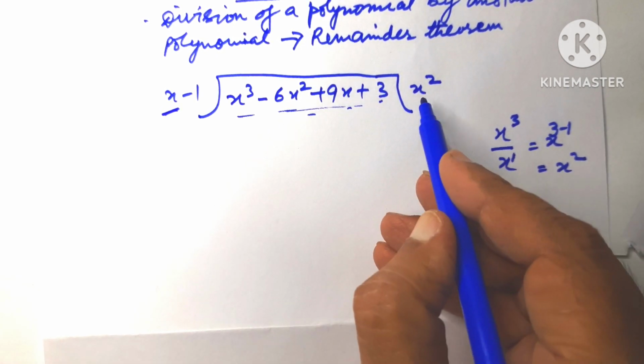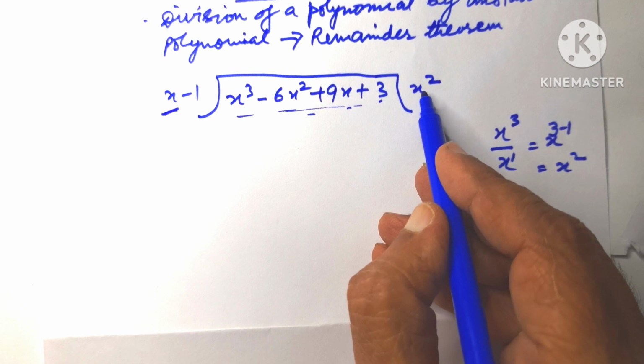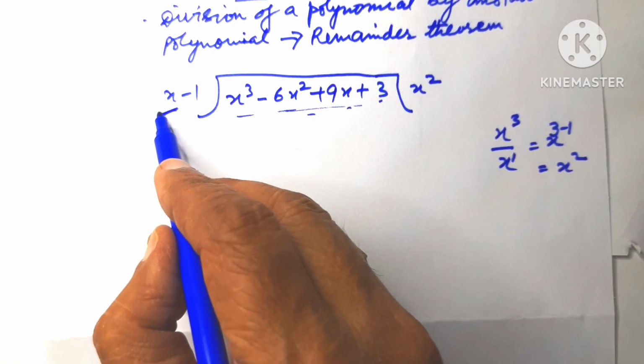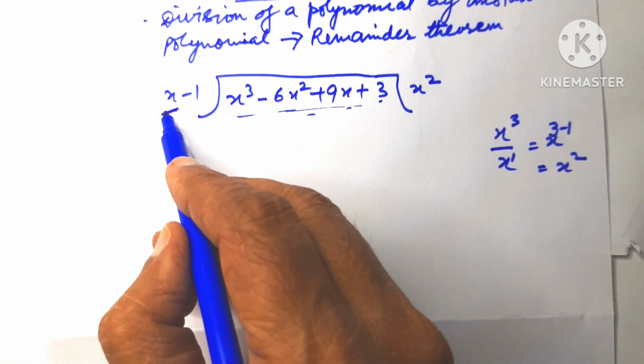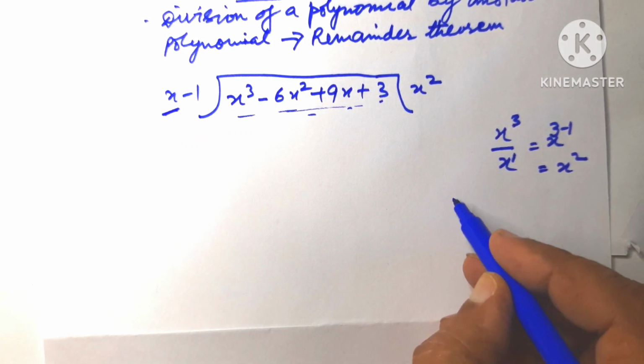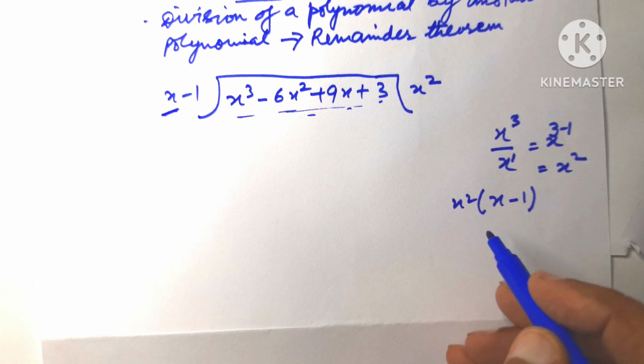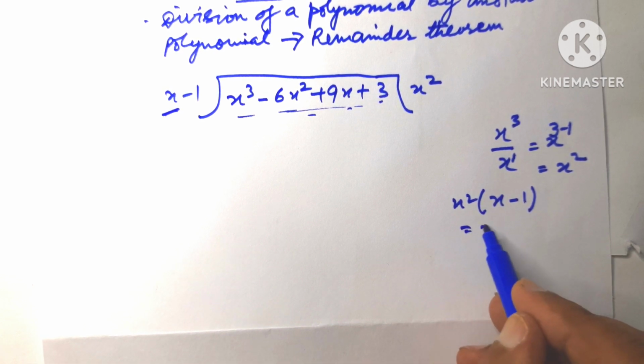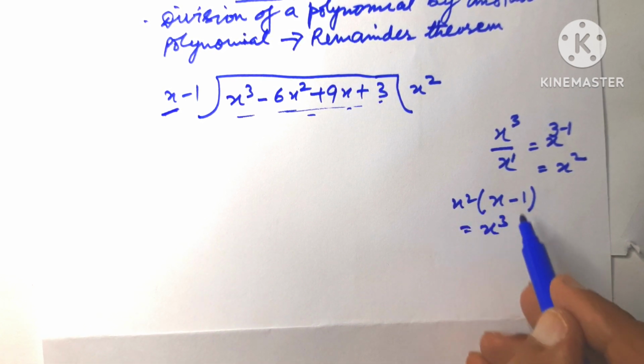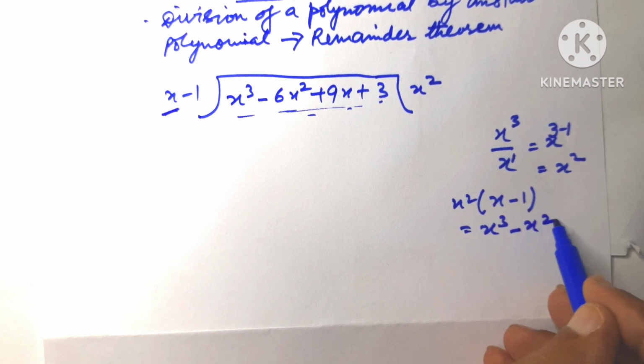Now this quotient we will multiply with this divisor. When x square is multiplied with x minus 1, this becomes x cube minus x square.